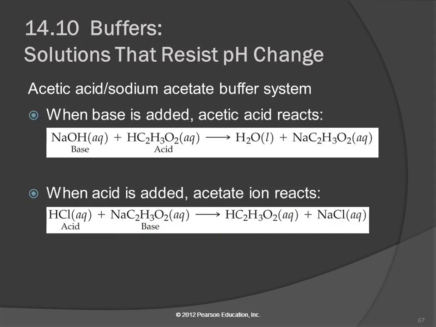If you add sodium hydroxide to pure water, you get a lot of hydroxide ions. If you add hydrochloric acid to pure water, you get a lot of hydrogen ions, and the pH changes. When you have a buffer system and you add acid or base, the pH does not change much at all. The buffer can only handle so much of that. If you add more, you'll overwhelm the buffer, but it will take moderate amounts.